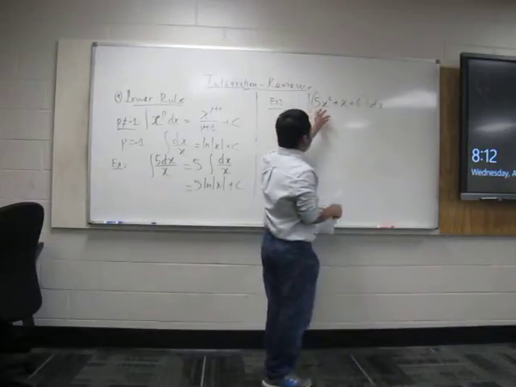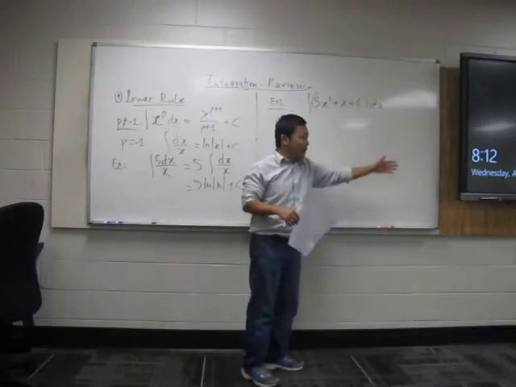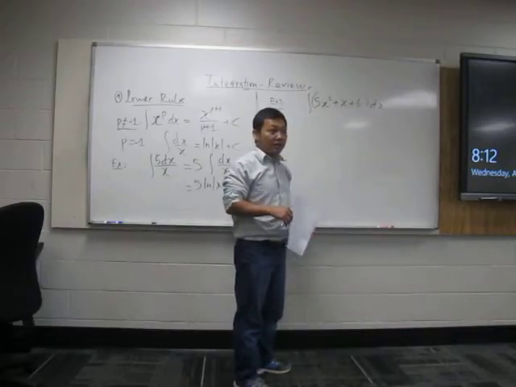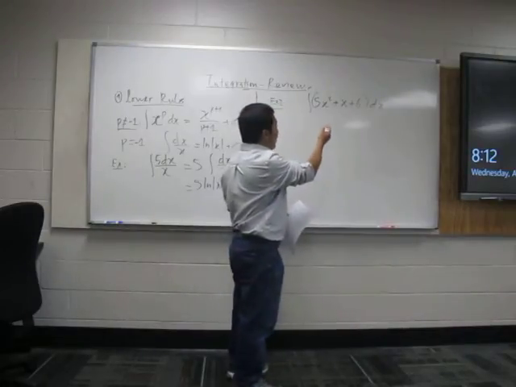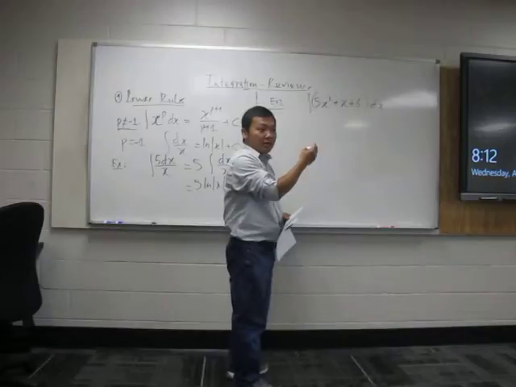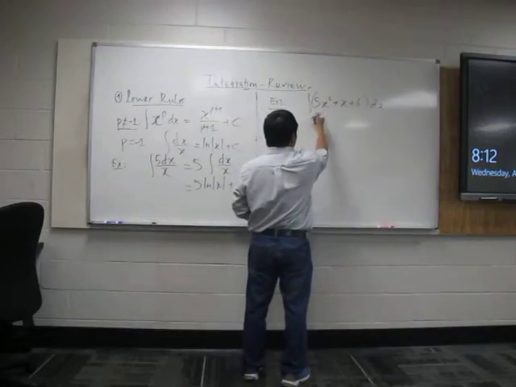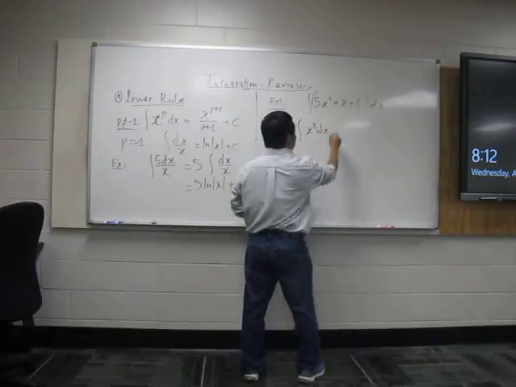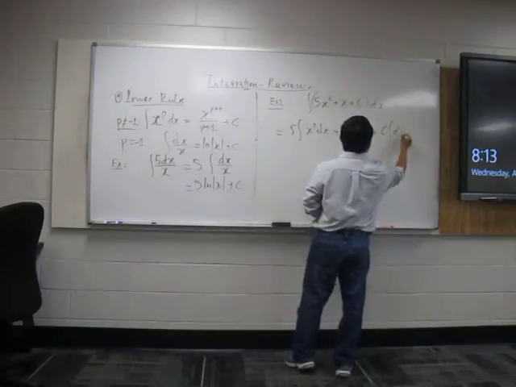And here we have a sum of three functions. When we integrate a sum or difference of functions, we may just integrate separately. So if you write it, I have 5 x squared dx plus x dx plus 6 dx.